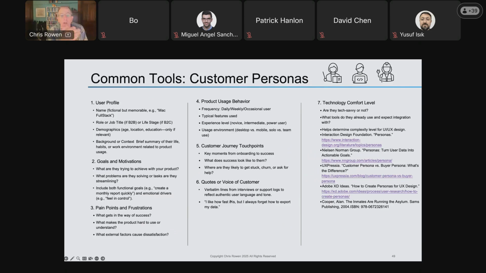Another really important tool is customer personas. We're going to talk in a few weeks about the difference between customer personas and buyer personas when we get more tactical in thinking about the sales operations.